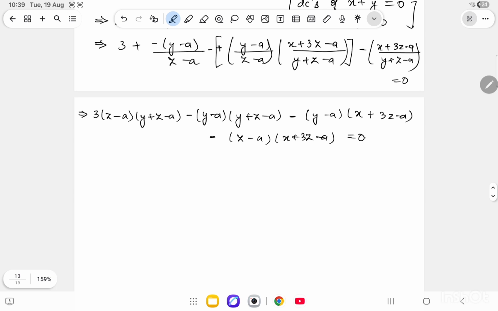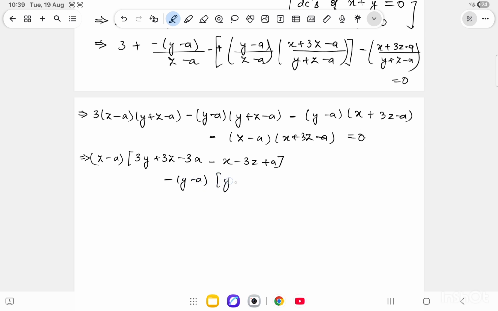So if I simplify it further, I'll get z minus a, 3y plus 3z minus 3a minus x minus 3z plus a, and minus of y minus a, y plus z minus a plus x plus 3z minus a equals to 0. I just took z minus a common from the first and the last term, and minus of y minus a common from the middle terms.